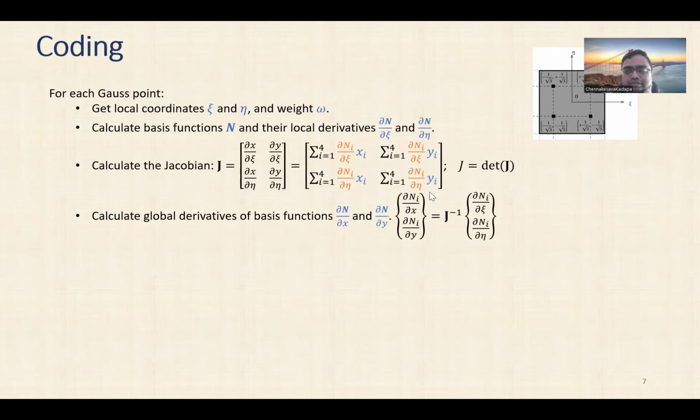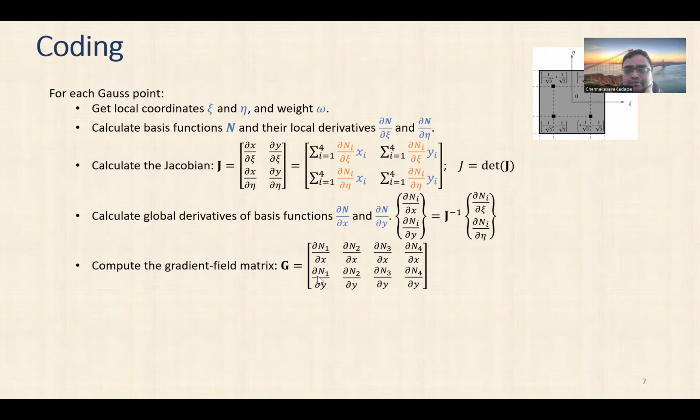Once we know these derivatives dou N by dou x, dou N by dou y, we can form our G matrix and then evaluate the stiffness matrix. So we keep on adding this term to the stiffness matrix. So this is our mu, the diffusion coefficient, G transpose G, J is the determinant of the Jacobian matrix, and omega is the weight. And we keep on adding to the stiffness matrix.